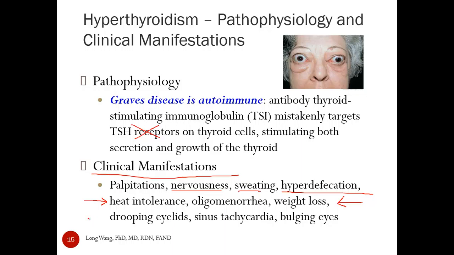And they have drooping eyelids and bulging eyes. So please look at this picture of a female patient with hyperthyroidism. Obviously, the eyes and the eyelids are not normal.